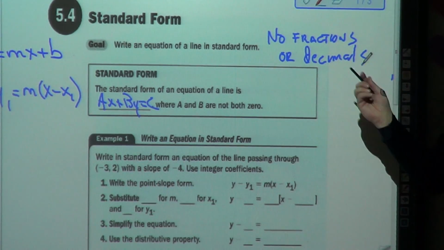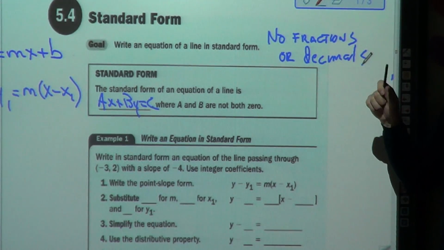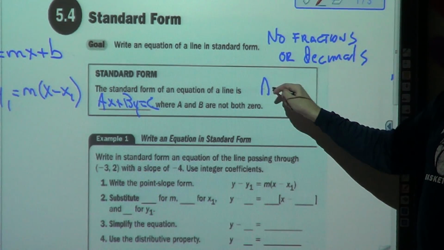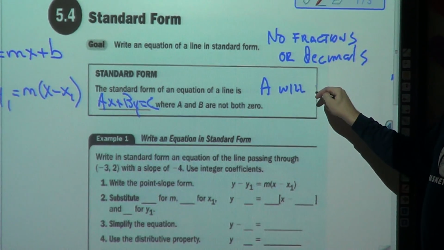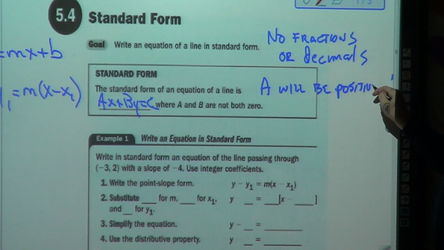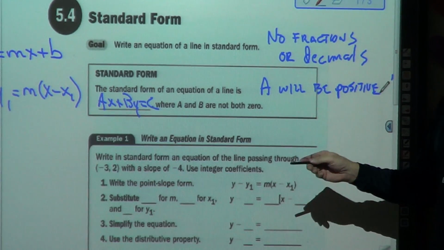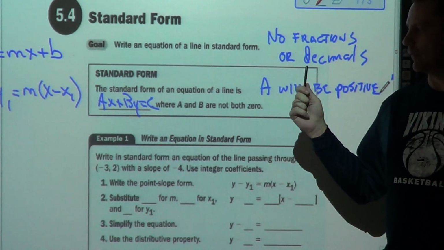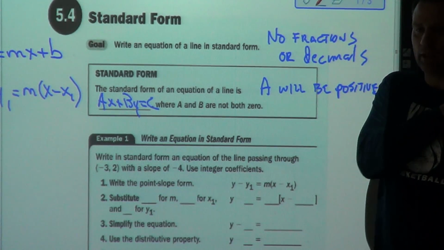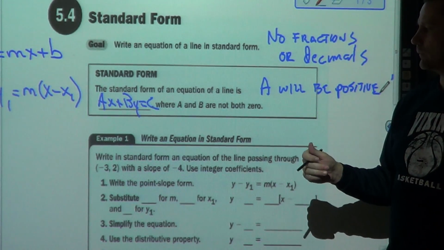That doesn't mean there will never be fractions or decimals. It means if there are, you need to get rid of them. The second rule is that A will be positive. So if I'm writing an equation and my x term is negative, then I'm going to multiply by -1 or divide everything by -1, but the x term needs to be positive.